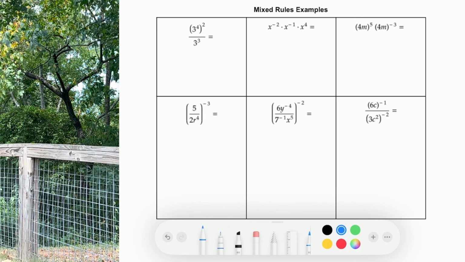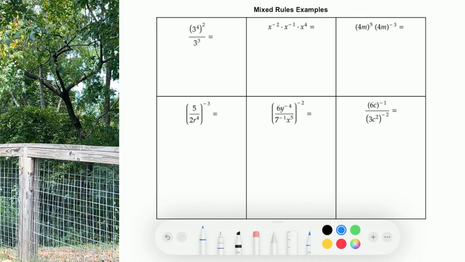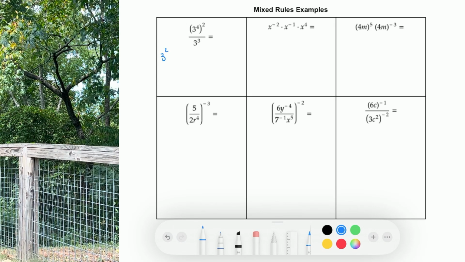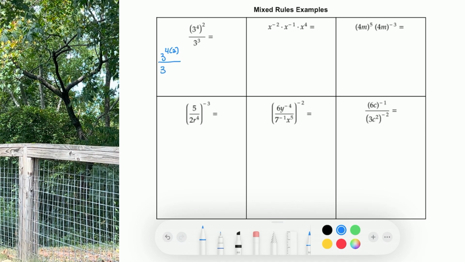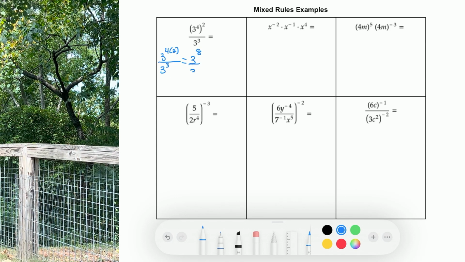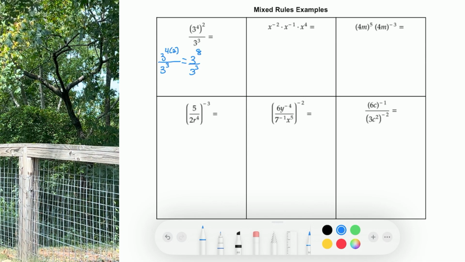All right, so the first thing I need to do is deal with the power raised to the power. So that's going to become 3 to the 4 times 2, because we're using our power rule where we multiply, over 3 cubed. That's going to become 3 to the power of 8 over 3 cubed. Now notice I didn't solve out my 3 cubed yet. I didn't turn it into what that actually is, which is 27, because I need to wait on that.